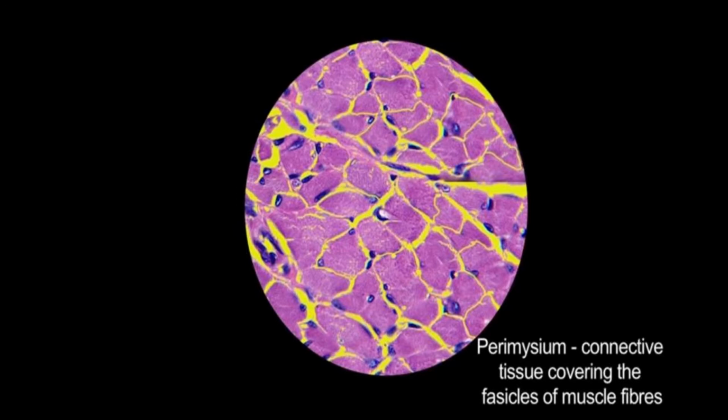Peri means around, mysium means muscle fiber. So it covers the fascicles of the muscle fiber. Fascicles means bundle of fibers. You can see this yellow one enclosing the bundle of muscle fibers in this section of skeletal muscle.